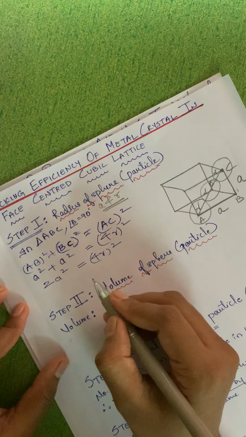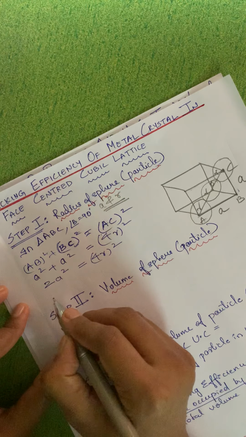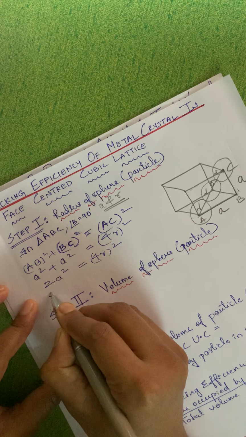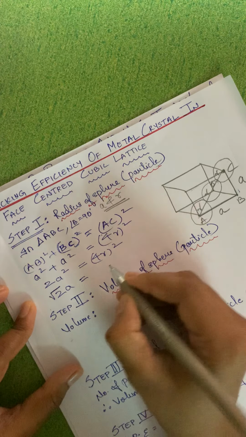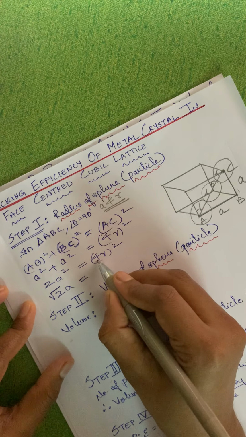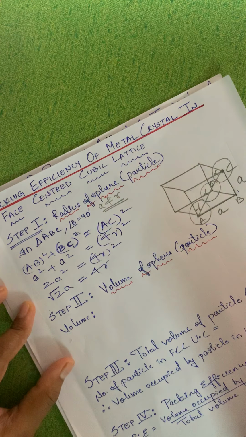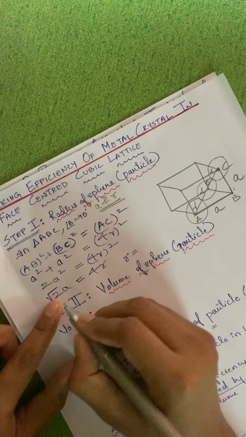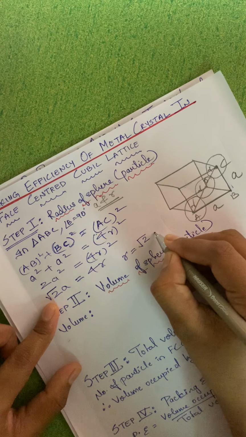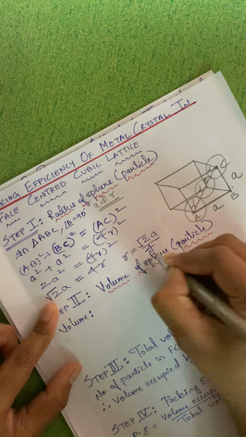Now I'll take the root. So root 2 a is equal to 4r, so r will be equal to root 2 a upon 4.